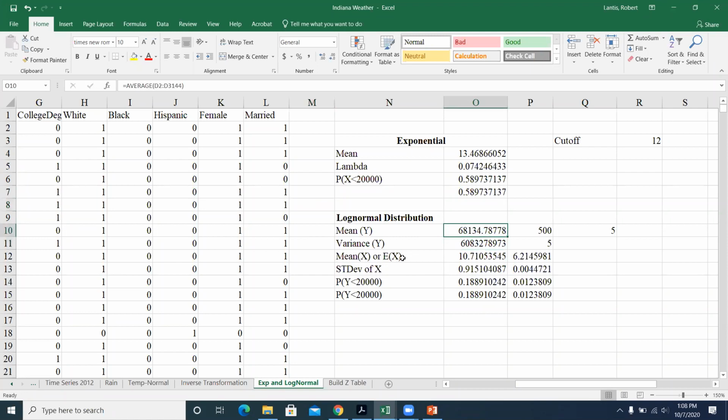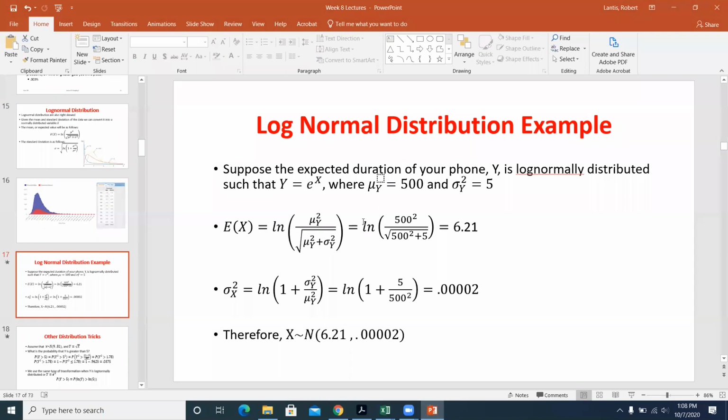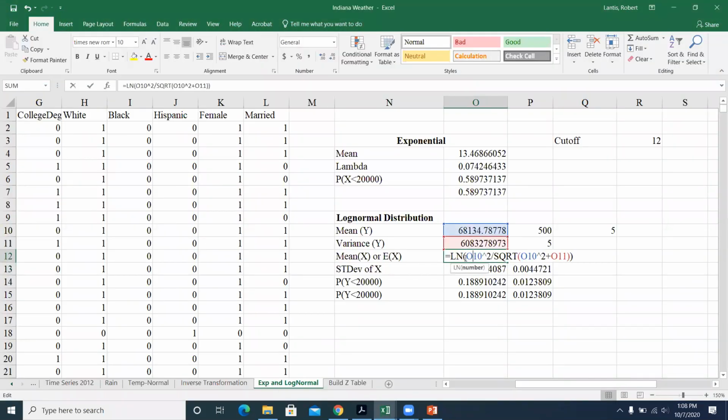So I've got my variance, I've got my mean. Basically at this point, I just have to use Excel as a calculator. So all I'm doing here is entering in this function. Now the mean that I'm using and the variance that I'm using, actually kind of denoted it here, I think a little bit better, is the mean and the variance I see for that y variable that's in my data set, right? So I'm just putting into Excel this function, right? When I do that, to do the natural log, I just use ln, and then whatever's within there, it takes the natural log of.